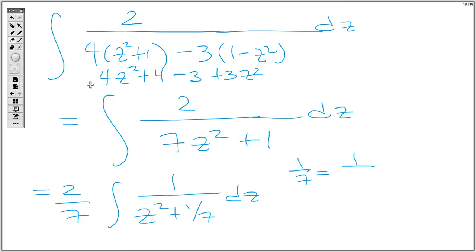So I can write that 1/7 as 1 over root 7 all squared. And so I can use the inverse tangent formula here.